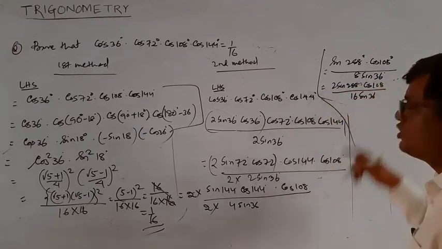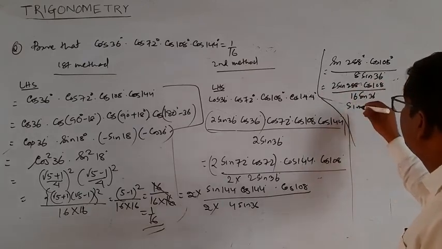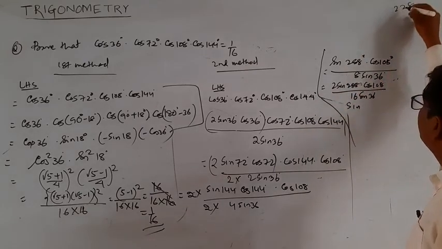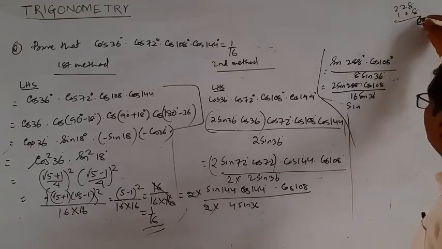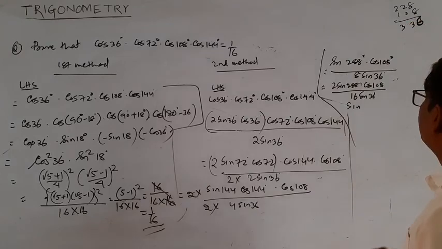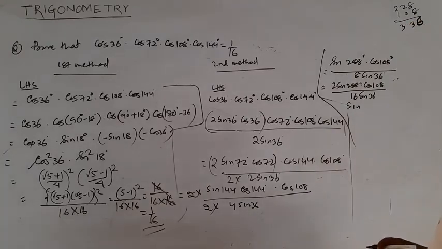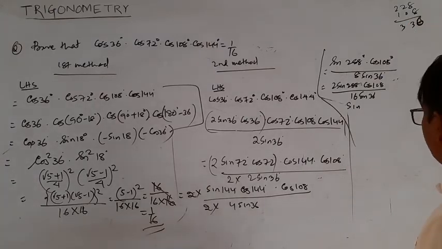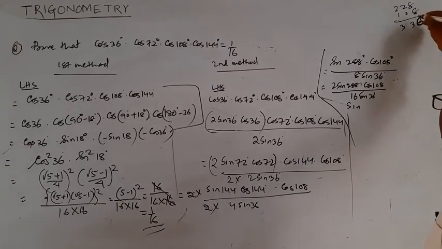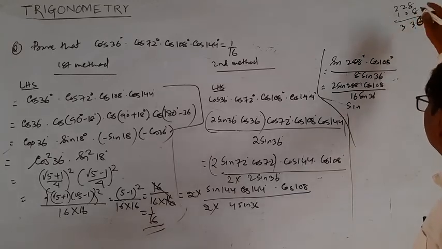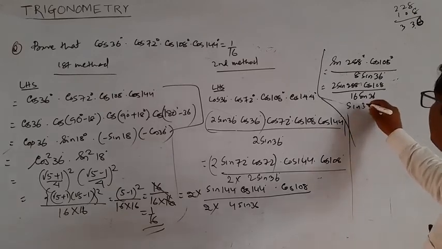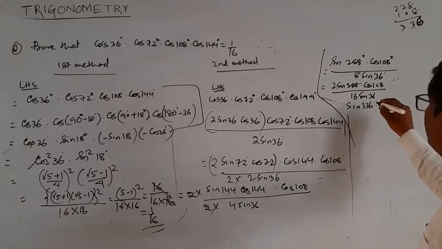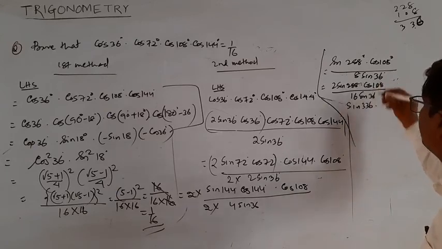Okay, 2 sin A cos B formula. Sin A plus B. A plus B means what? 288 plus 108, that is 396. Okay, so sin 396 into cos 108.